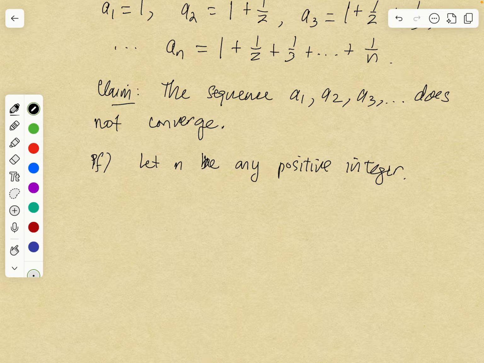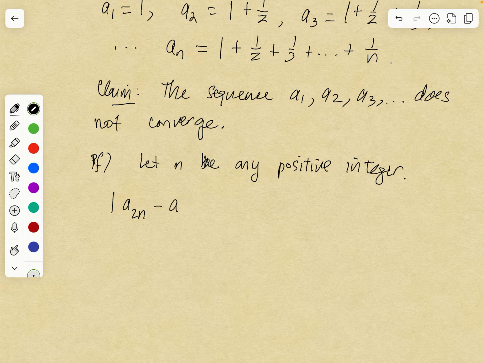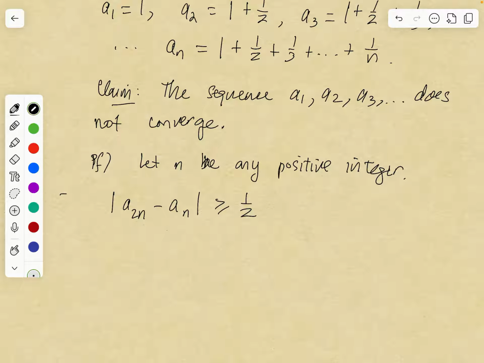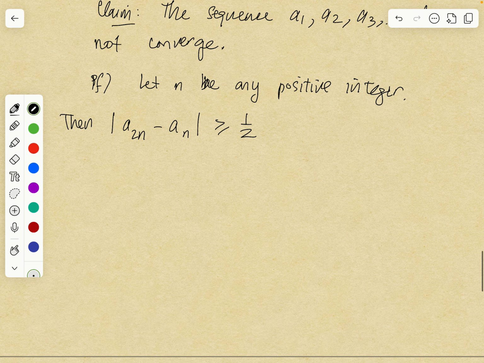So it turns out that the absolute value of a sub 2n minus a sub n is greater than or equal to 1/2. Let's explain why. By the way, it's hard to come up with this, but once you see the proof, you can see where it comes from.